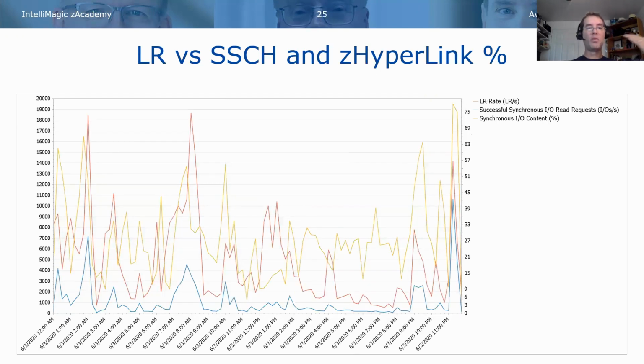But just briefly, one other area of measurement that I would recommend you look at: the locate record instruction is an I/O. If you're not familiar with it, when we think about I/O rate in a mainframe environment, traditionally what that's referring to is the start subchannel rate.